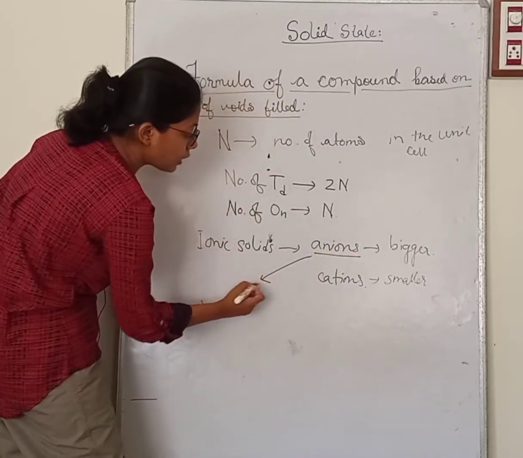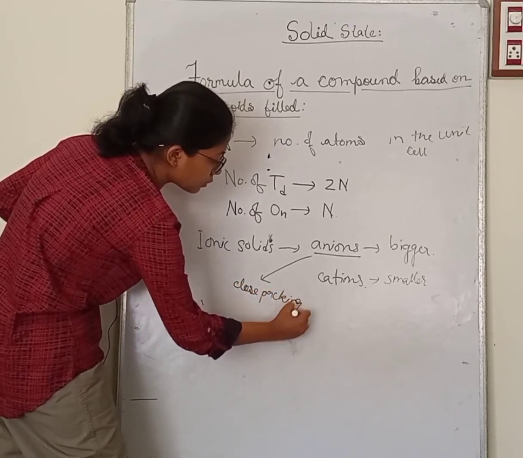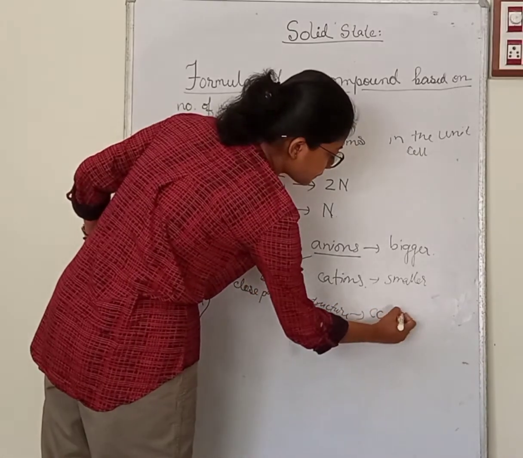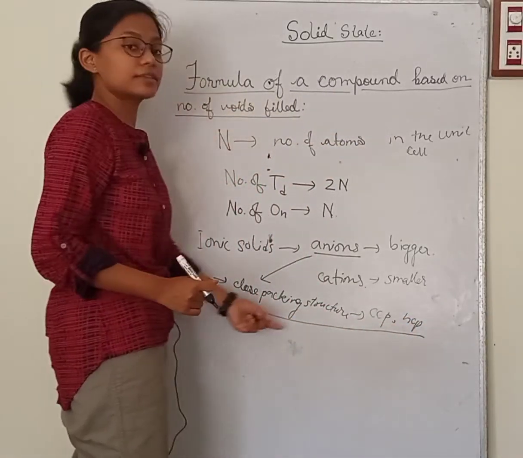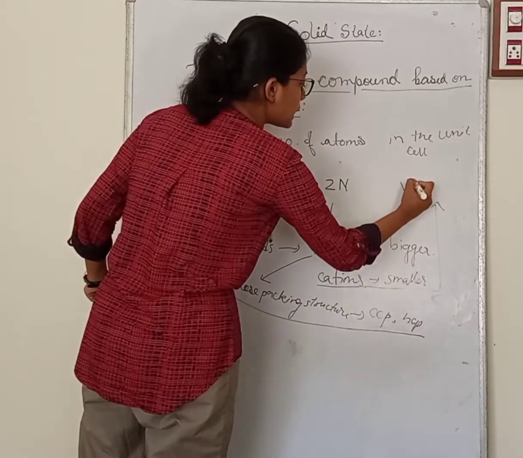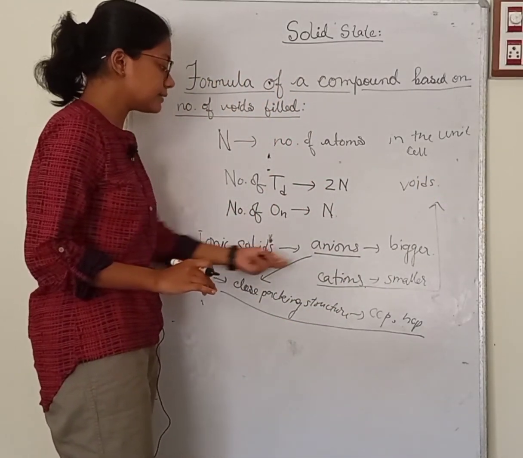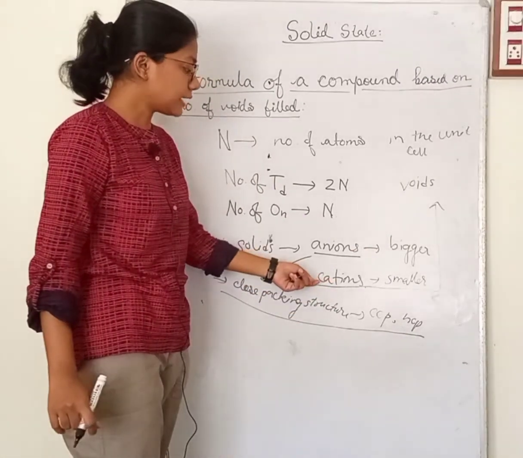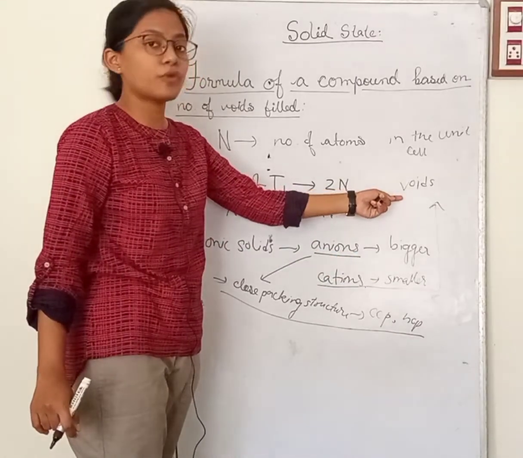Therefore, anions usually occupy the closed packing structure, which may be CCP or HCP. The cations, being smaller, occupy these voids. So usually in ionic solids, anions are bigger and form the closed packing structure, and cations are smaller and occupy the voids.